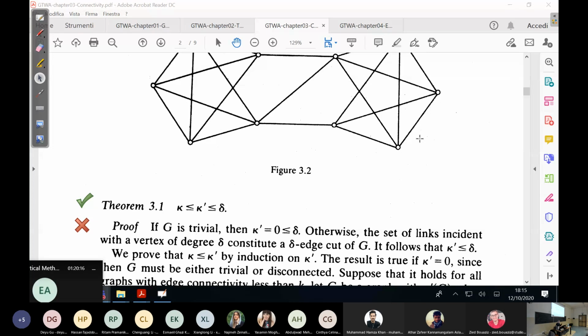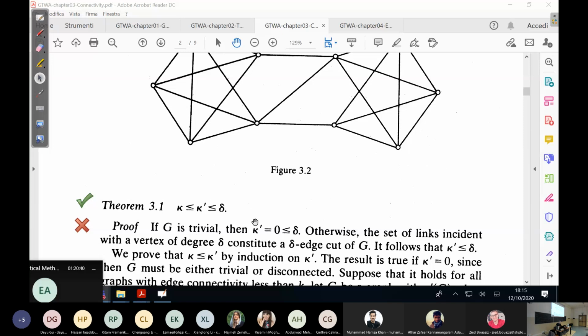So if you pick one vertex which has as few edges incident to it as possible, meaning with degree equal to small delta, which is the minimum degree in the graph, of course you can disconnect the graph just by leaving that vertex by itself and all the others in another component, okay?